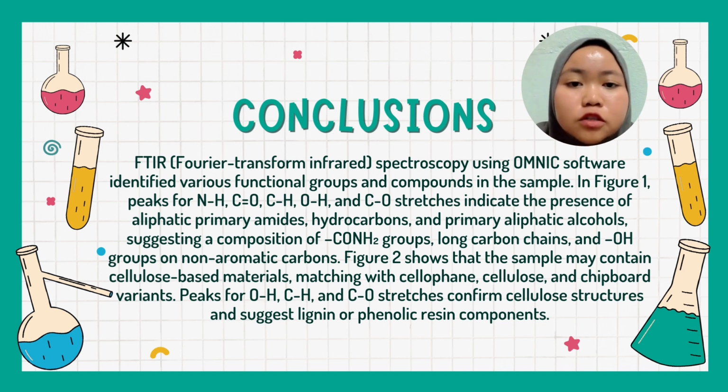Figure 2 shows that the sample may contain cellulose-based material, matching with cellophane, cellulose, and chipboard variants. Peaks for OH, CH, and CO structures confirm a cellulose structure and suggest a lignin or a phenolic resin component.